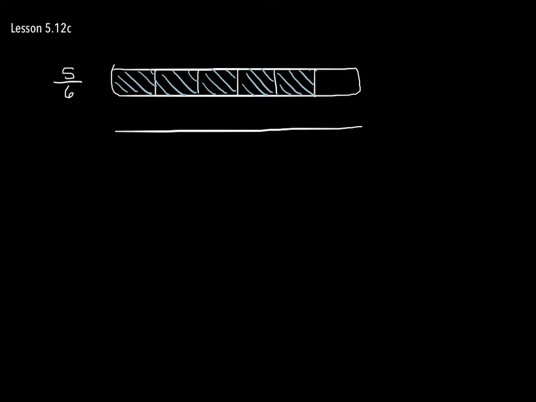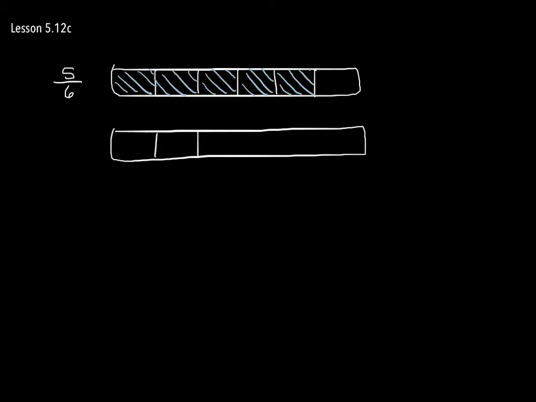So I'm going to break this into 6 equal parts, or as equal as possible, and then we're going to shade in 5 of them. So that would be 1, 2, 3, 4, 5.